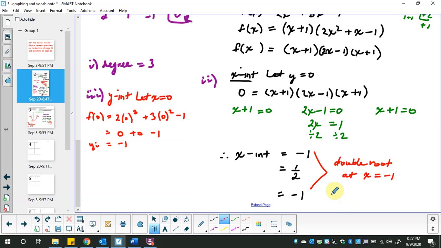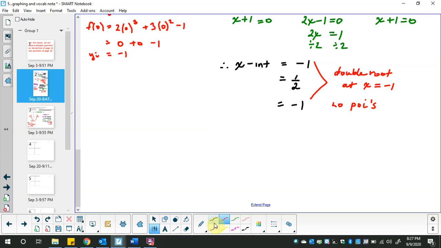Now I'm not going to race ahead and tell you that there's no points of inflection, and a half is just nothing special. So now I have to tell you what a double root looks like. So I'm going to branch off here in space so that I have somewhere to write, and I'm going to tell you what a double root looks like.